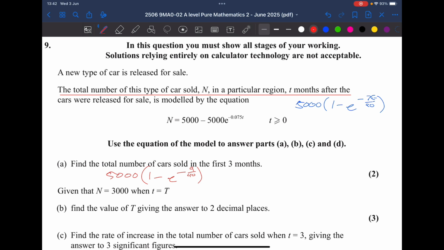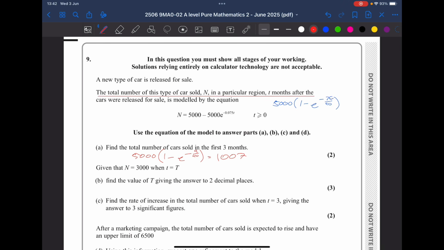Let's see what number that gives me. 5,000, 1 minus e to the power of negative 9 on 40. We get 1,007.42, so if you round it down, 1,007.